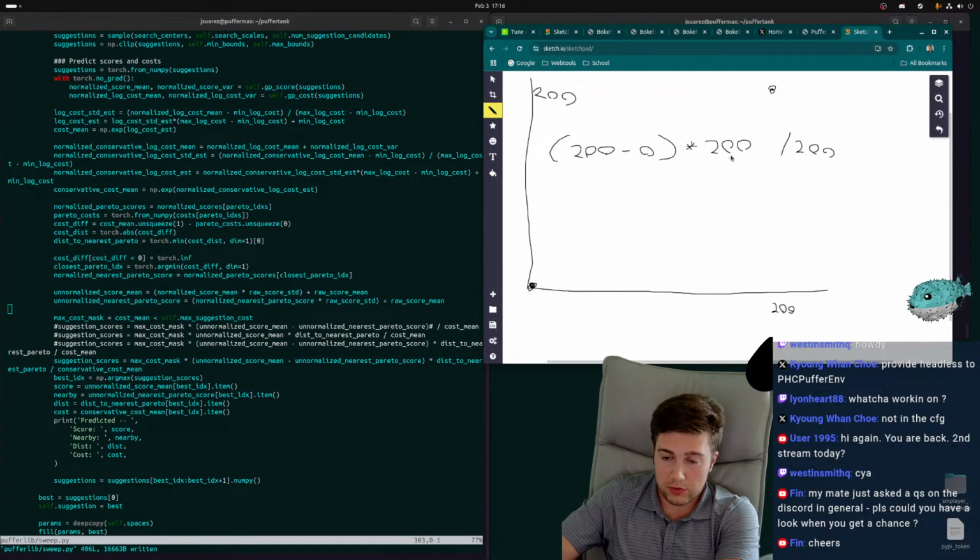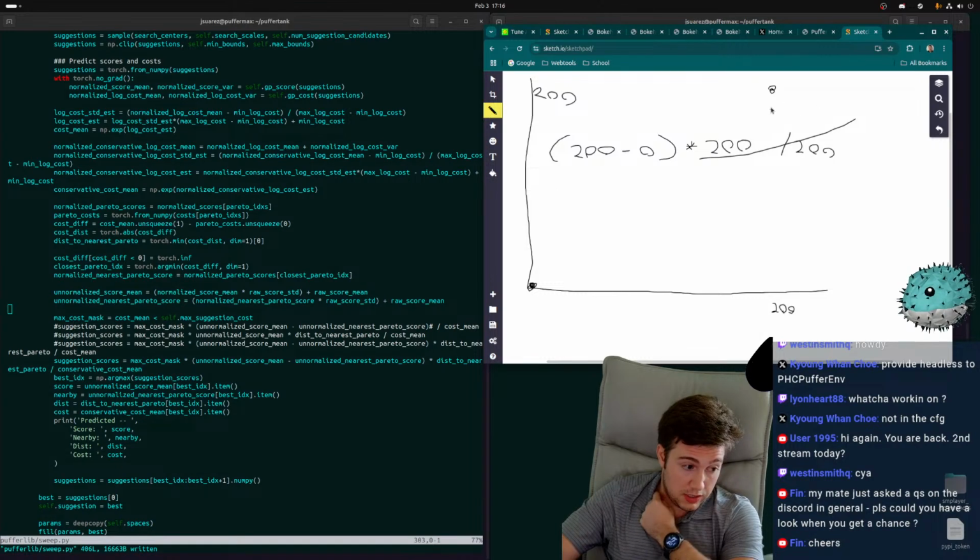Okay, so now we see the problem. These go away, and you still have 200. So if there's no point to the right, this is going to incentivize you to do crazy things.